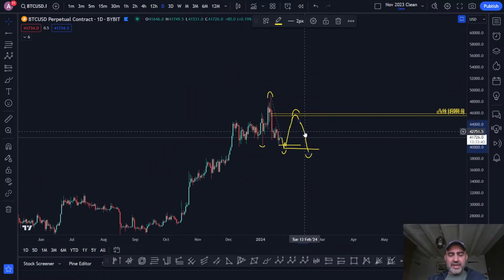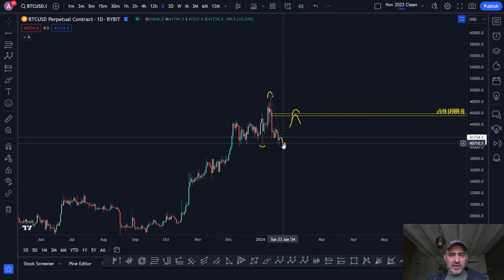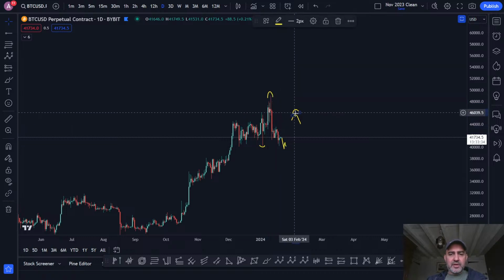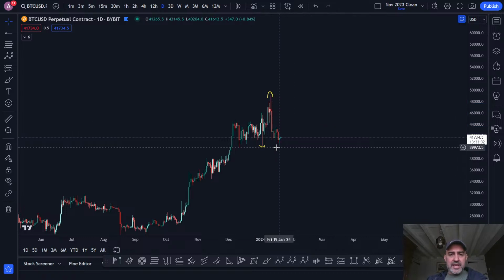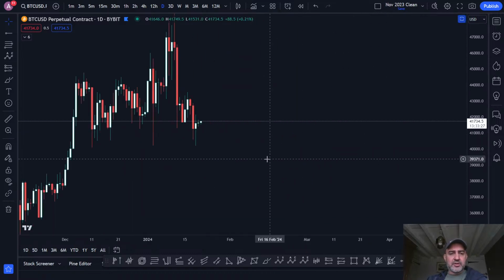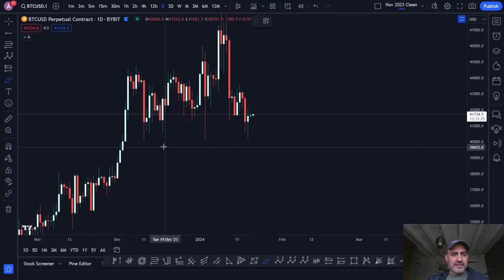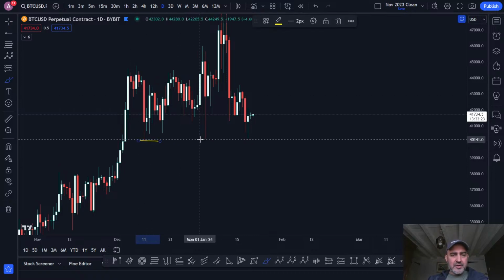And we're definitely not there yet, by no means. I think the first step hasn't been reached, which is a lower low. So you're looking for a lower low first. And then the question is going to be, and this is going to be a good question, because you have a cascade of lows here.